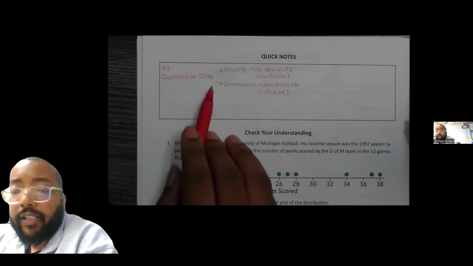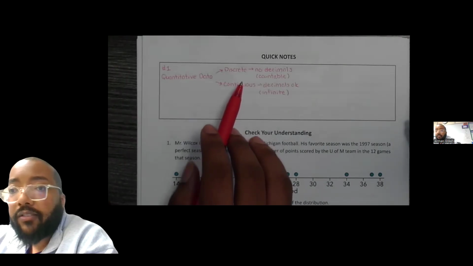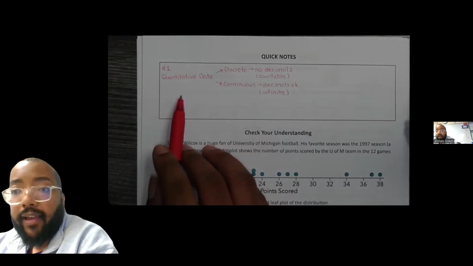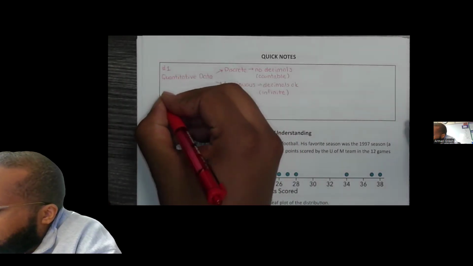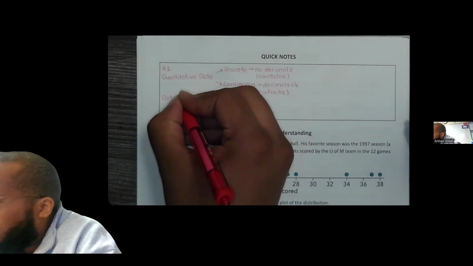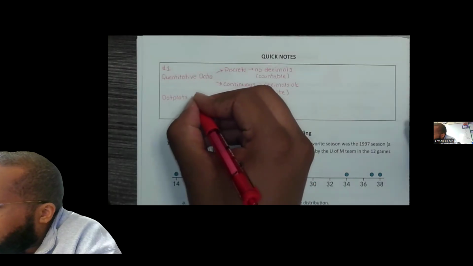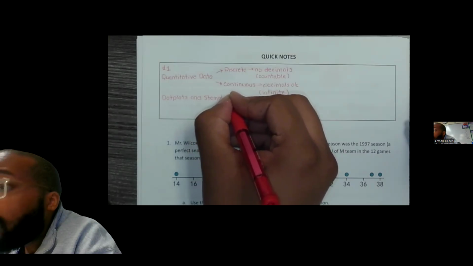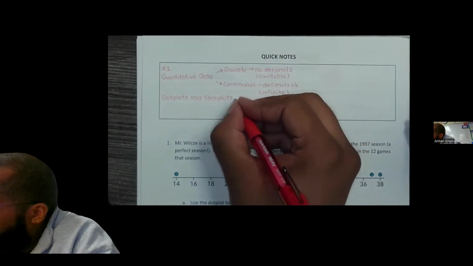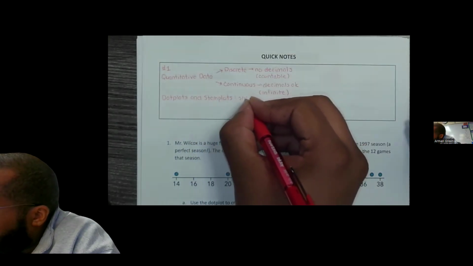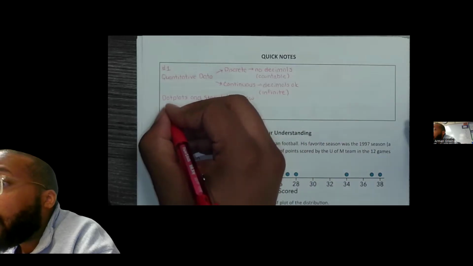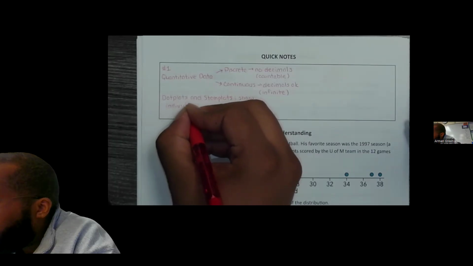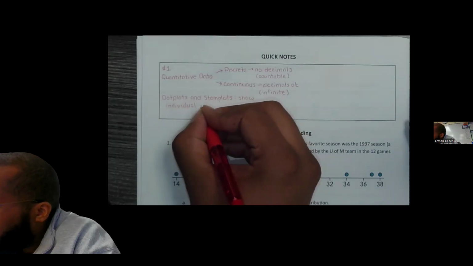So we have quantitative data, broken down into two different options. We've also looked at different ways to visualize this data. The first option was using dot plots and stem plots. These might be nice because they can show every individual value.